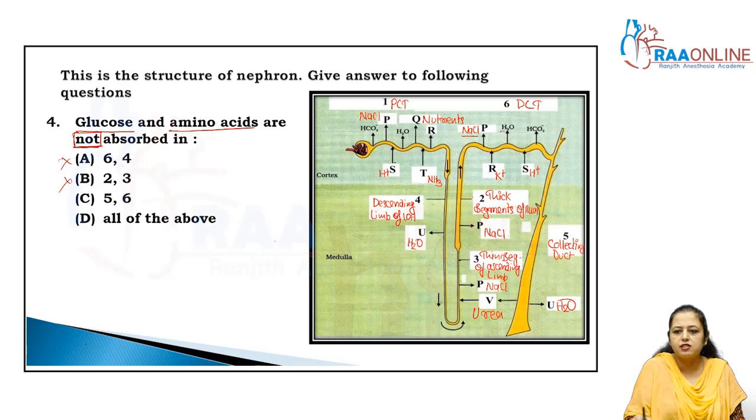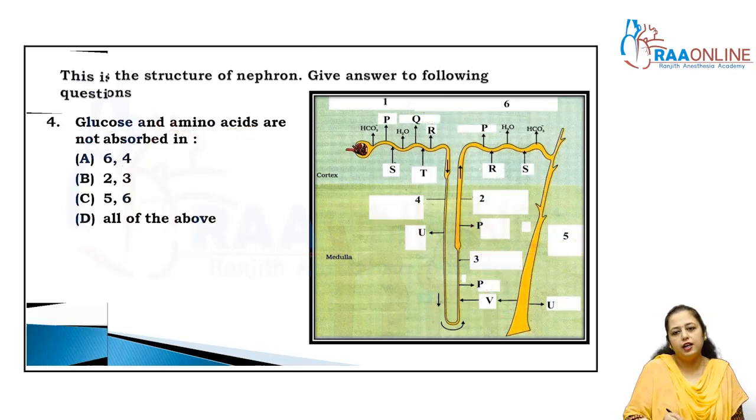And what is 3? That is the thin ascending limb, wrong. 5 and 6, where is 5? That is the collecting duct, no. And 6, that is no. So in all portions, glucose and amino acids are not absorbed, so the answer is all of the above. To solve questions like this, you need knowledge of all of it, right?